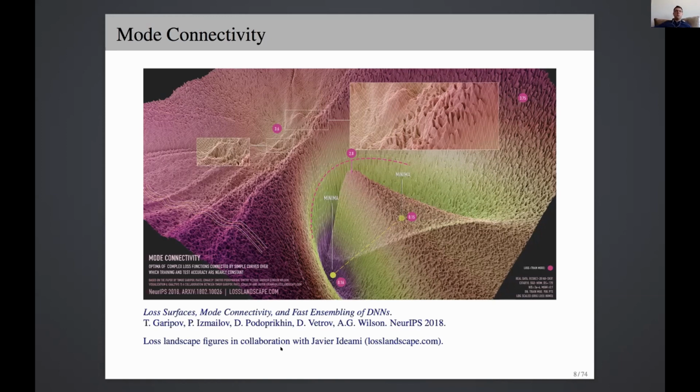But if you do a polygonal chain or something a bit fancier, you can always find a subspace along which these modes are connected. And so this visualization here is actually a two-dimensional slice through a really high-dimensional loss surface. So we might have a neural network that has tens of millions of parameters. In this case, we are considering a large residual network.